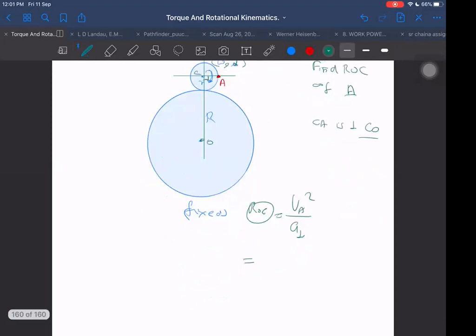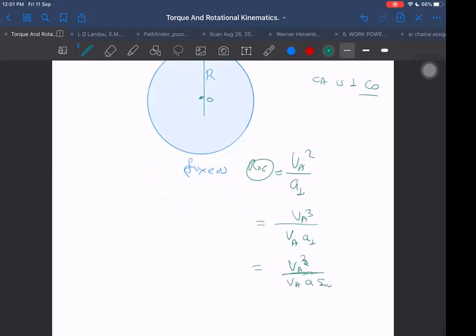If I want to write in vector form, velocity of A squared, VA cubed upon VA into A perpendicular, which will be VA cubed upon VA into A sine theta.